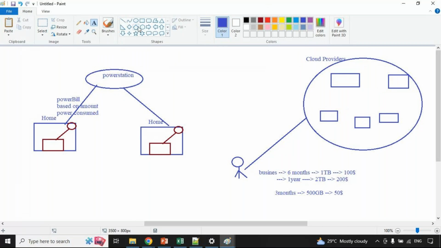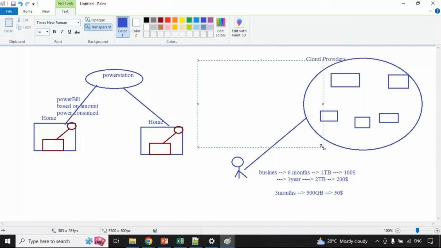Here, guys, the popular cloud providers are: one is Amazon, which provides a service called AWS, Amazon Web Services. Another one is Google, which has the GCP platform.